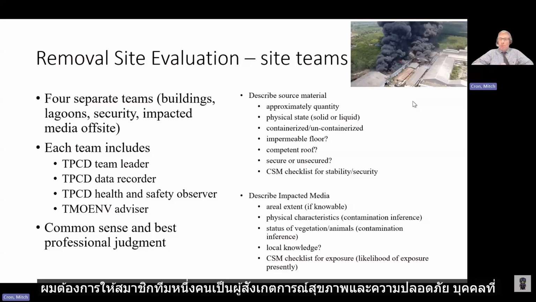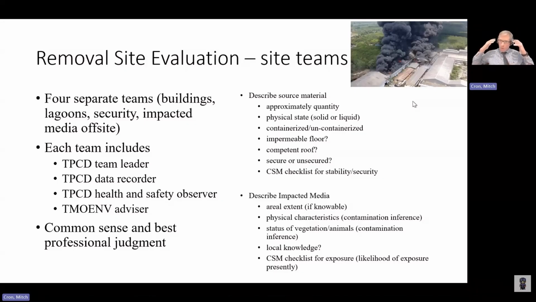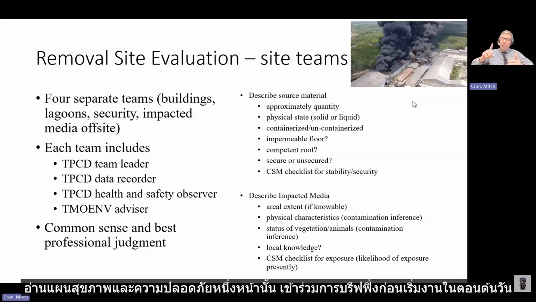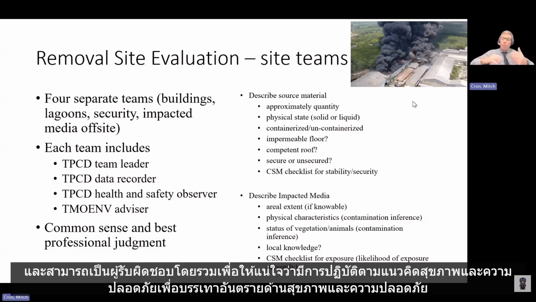I wanted one team member to be a health and safety observer, a person who's read that 1-page health and safety plan, participated in the tailgate briefing at the beginning of the day, and can be the overall person to ensure that the health and safety ideas to mitigate health and safety hazards are complied with.